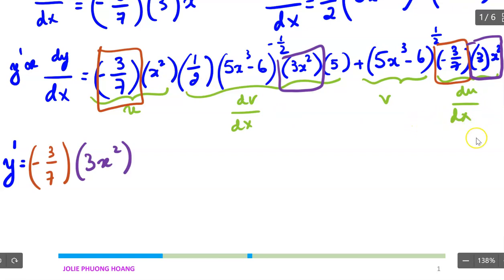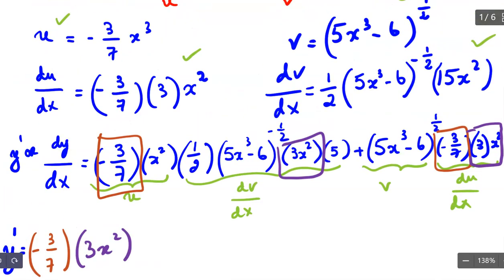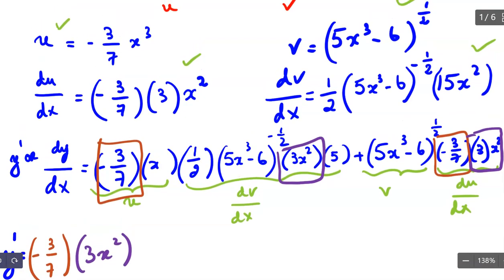I think I better correct it here. This should be an x cubed. I made an error, because that is my u. I'm sorry. So this is my u, negative 3 over 7 and x cubed.